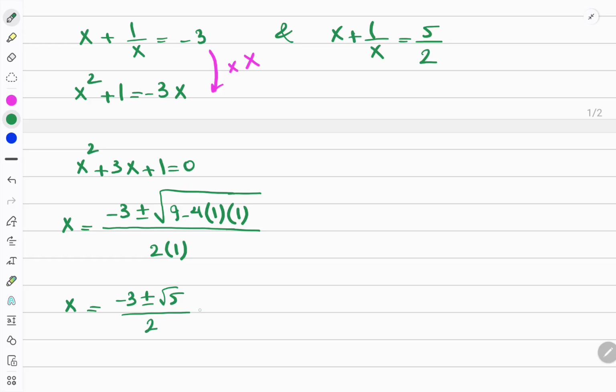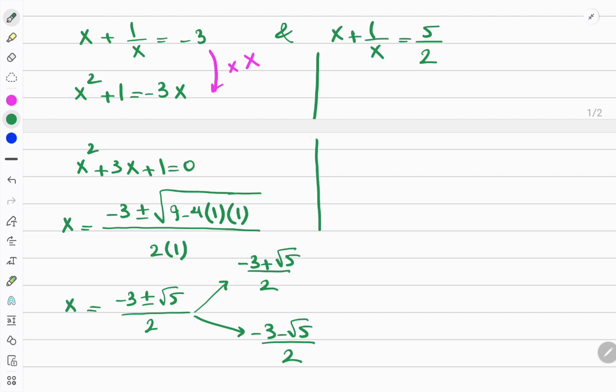So we have these two answers for x. Negative 3 plus radical 5 over 2, and negative 3 minus radical 5 over 2. This is the first one and the second one.